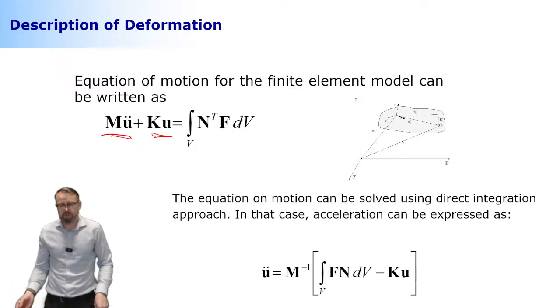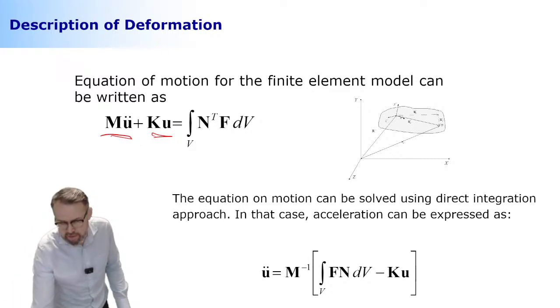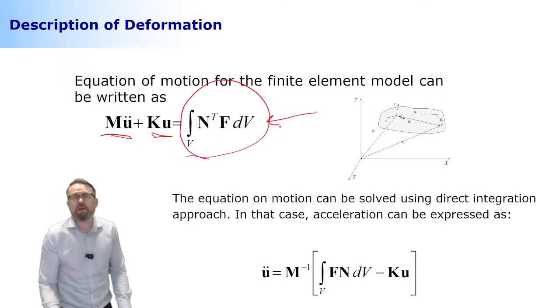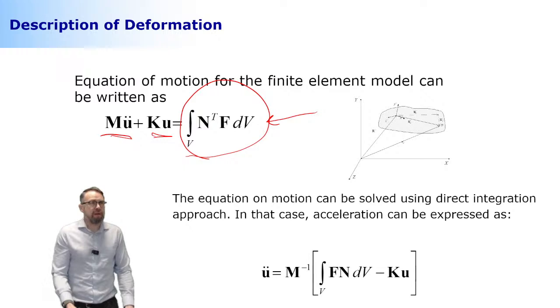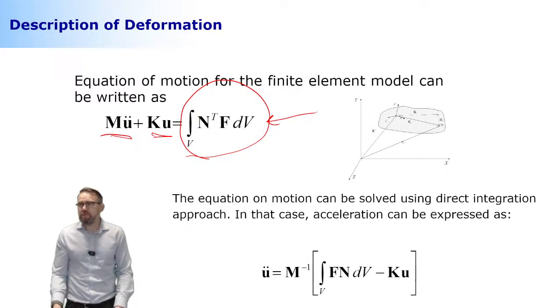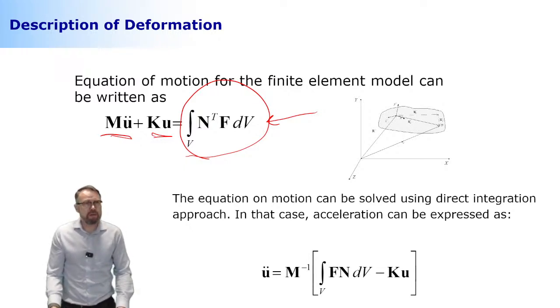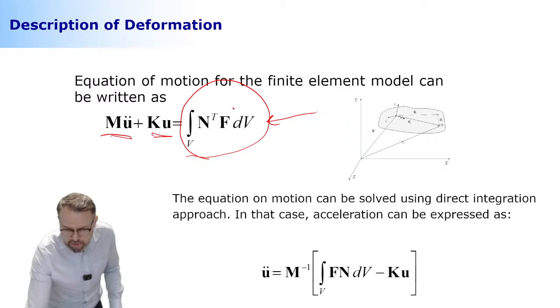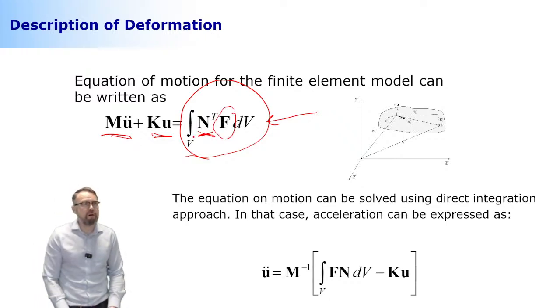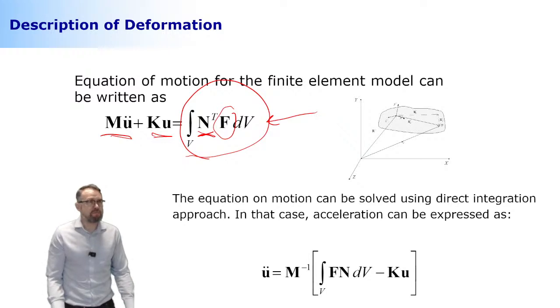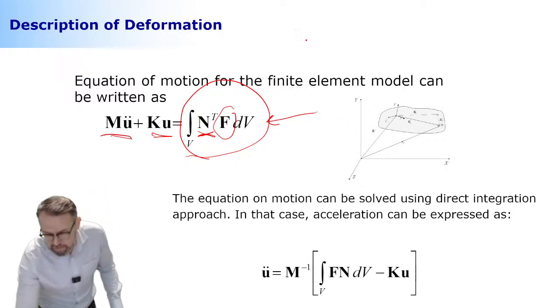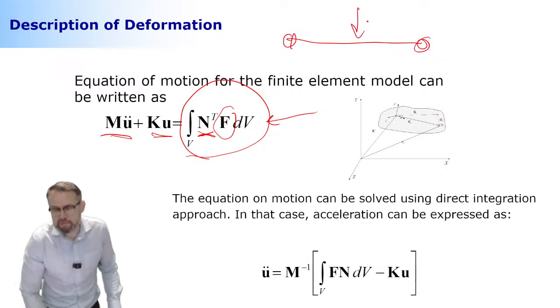And this is external applied forces expressed in terms of nodal degrees of freedom. How can I know that it's expressed in terms of nodal degrees of freedom? Because I'm distributing these point forces to nodes with the help of shape functions. That's what the shape functions are doing for me. Again, if you have a beam element like this, and the force is applied roughly in the middle.